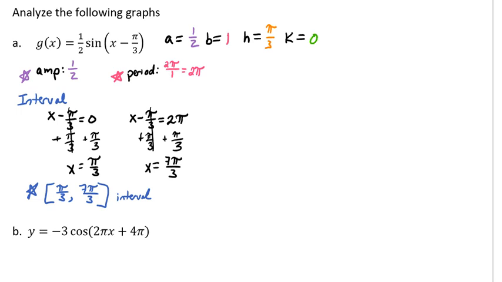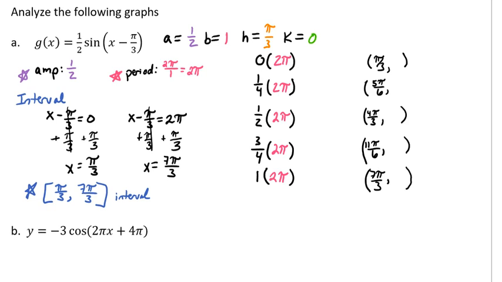We now need to find our 5 key points. In order to do that, remember that our intervals are broken into 0, 1/4, 1/2, 3/4, and 1. So we're going to be multiplying those pieces by our period, which is 2 pi. Doing so will give us 0, pi over 2, pi, 3 pi over 2, and 2 pi.